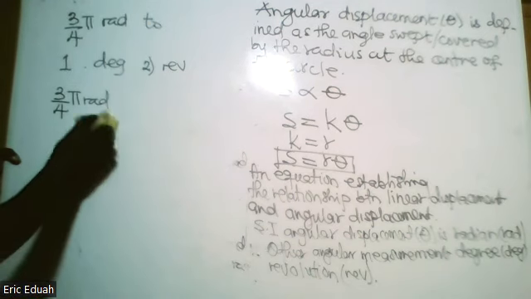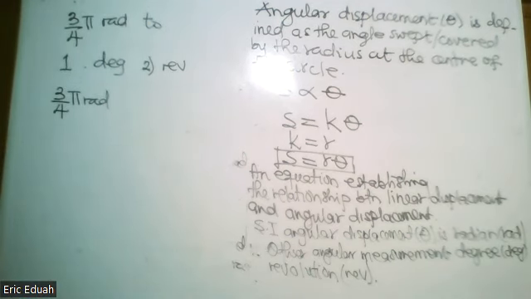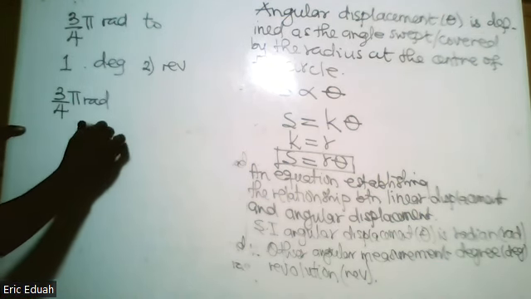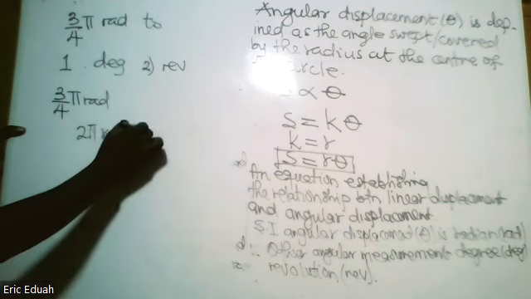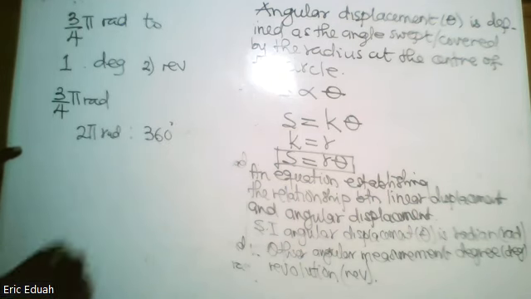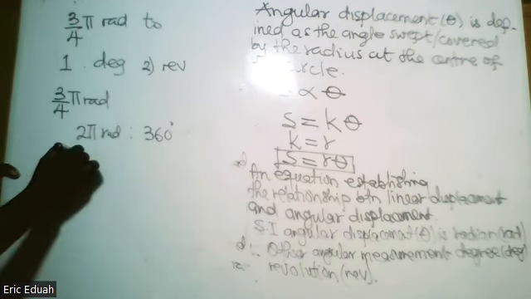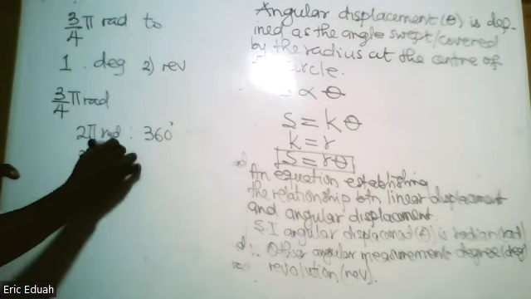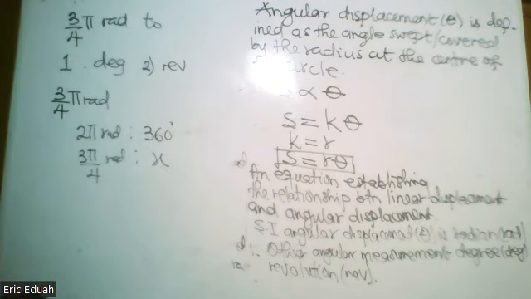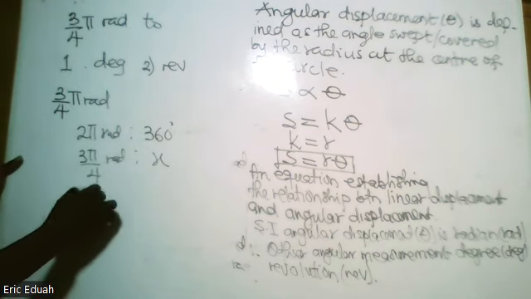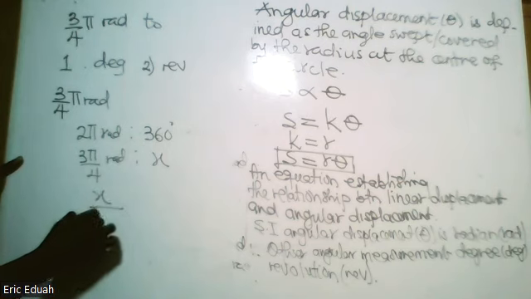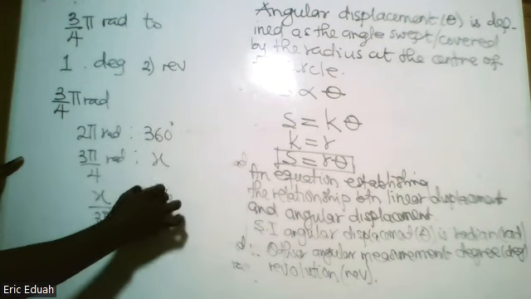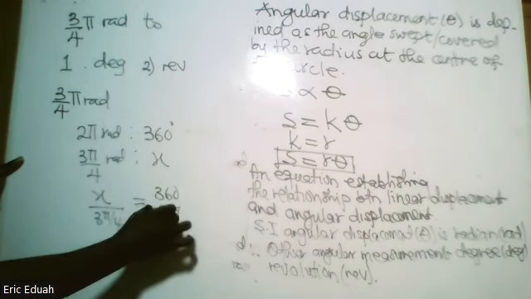If you are somebody who is a fan of ratio and proportion, then, you know, 2 pi radian is to 360. So if 2 pi radian is to 360, then 3 pi on 4 radian is to an unknown. So use ratio and proportion. X on 3 pi on 4 will be equal to 360 on 2 pi.